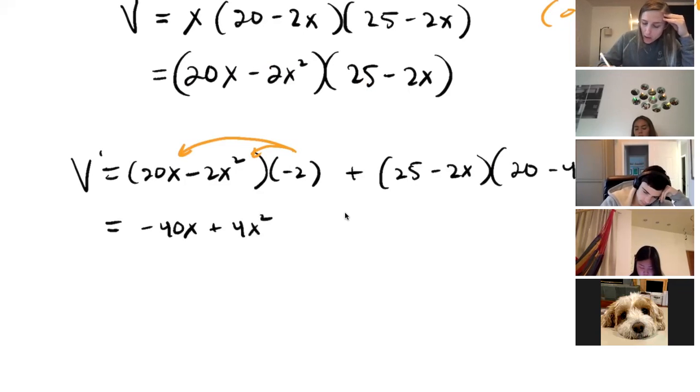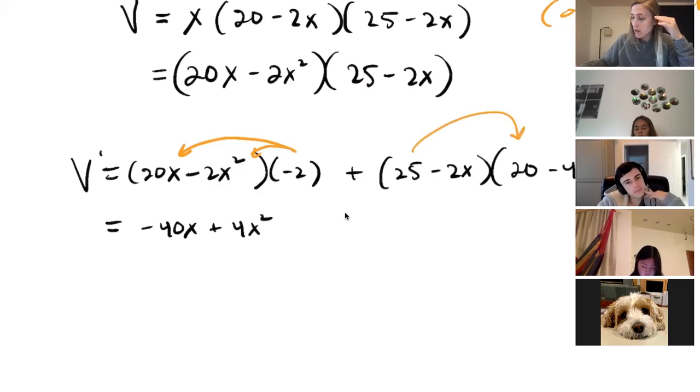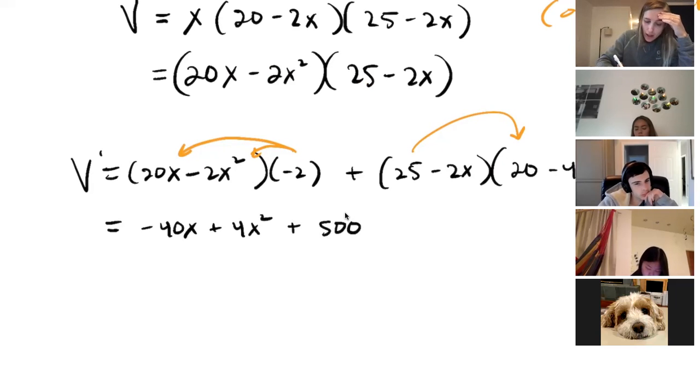And then when we multiply out, it's 25 times, 500. Oops. So 500, and then distributing to the -4x, that would be minus 100x, right?